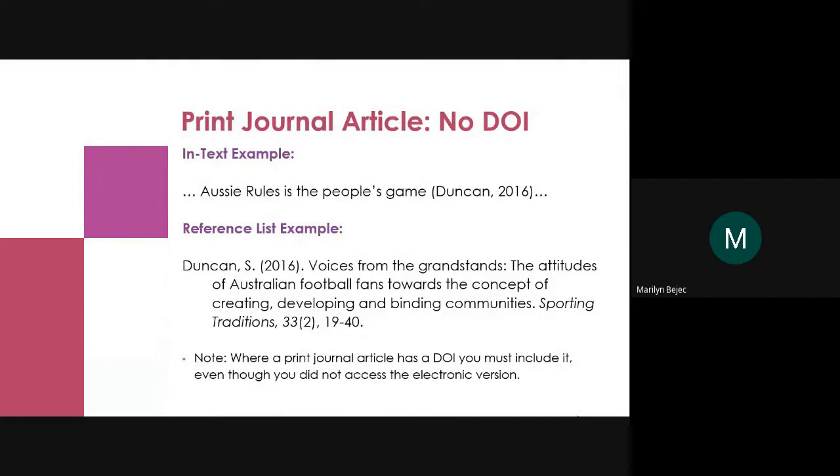Take note that the title of the journal is italic, and the volume number is also italic, and the issue number is not italic but enclosed in parentheses, then a comma, and then the page number. Take note that where a print journal article has no DOI, you must not include it, even though you did not access the electronic version.